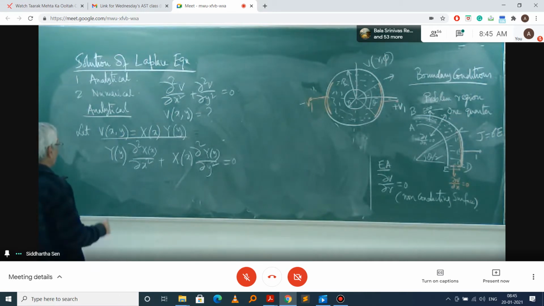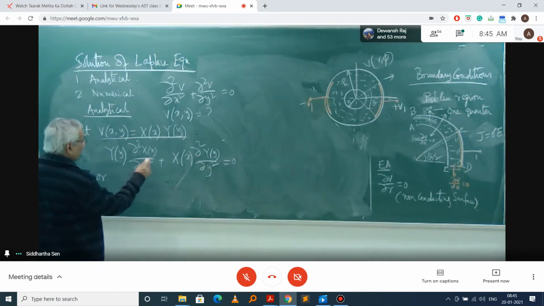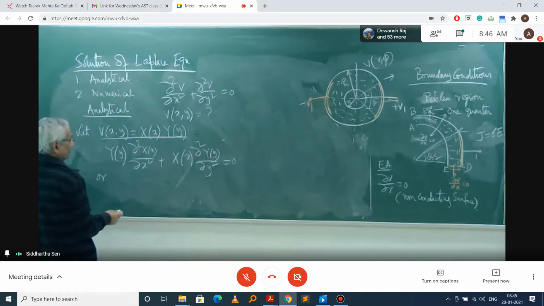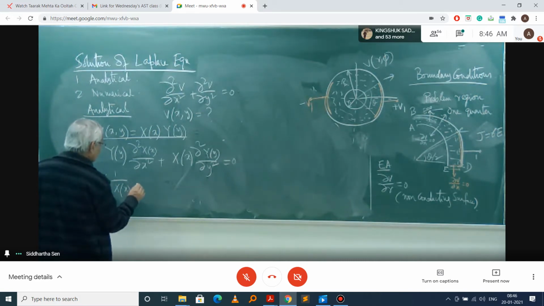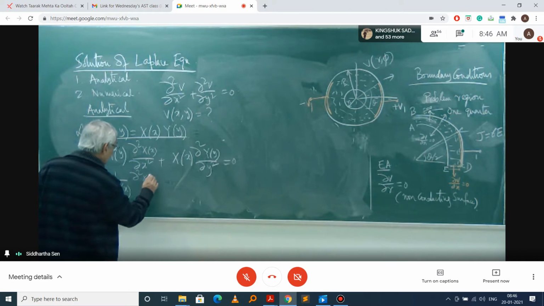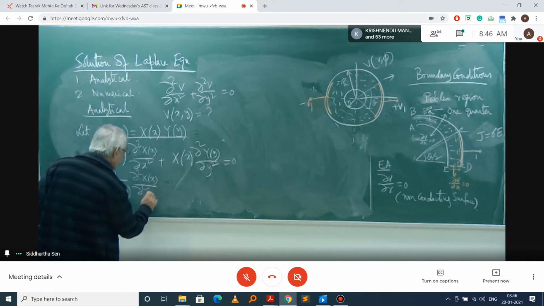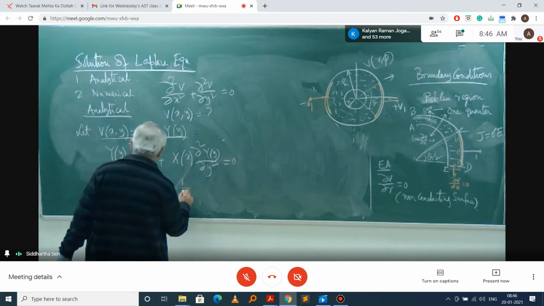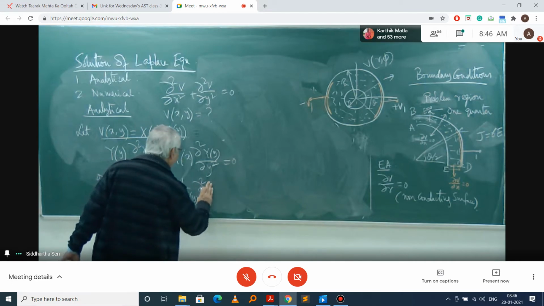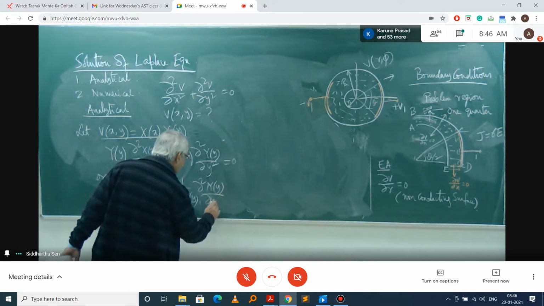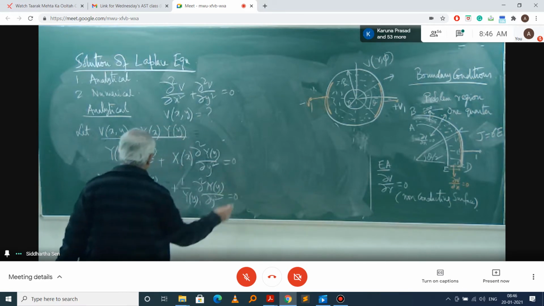Or we can just divide everything by X into Y: 1 by capital X into del 2X by del x square plus 1 by capital Y into del 2Y by del y square equal to 0.